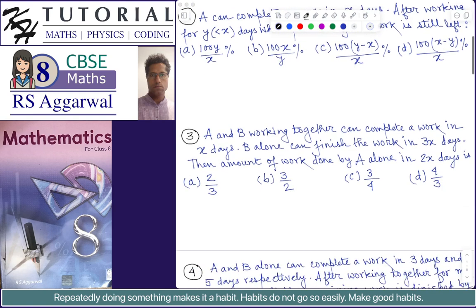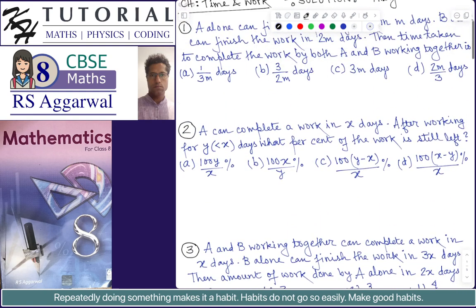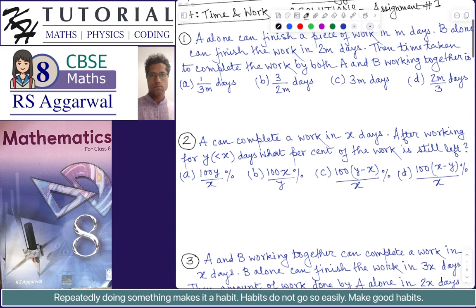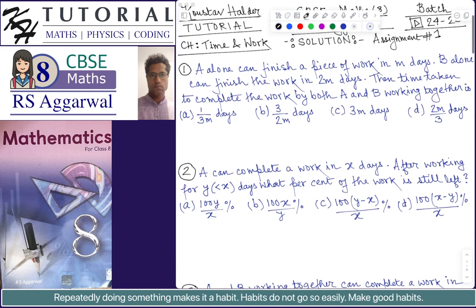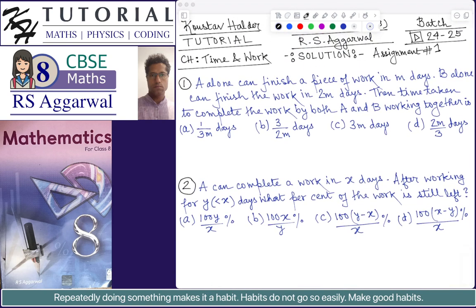So the space might be insufficient to do the solution, but I will try my best. So I have to write a little smaller. I hope it will be big enough so that you can see my solution properly.